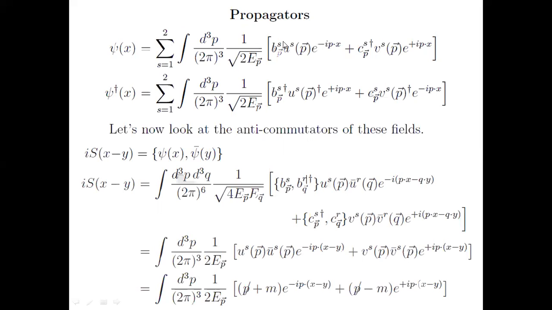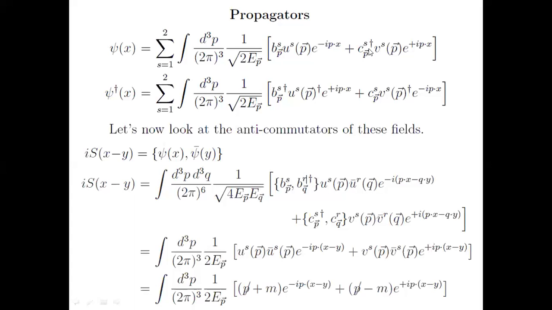So we get two fields, u^s(p) for s equals 1, 2, and v^s(p) for s equals 1, 2. This has eta, this has xi. These eta and xi are basically the most fundamental of the spinor fields. They are 2-component spinors, and they are the basis vectors for expanding psi of x in this form.